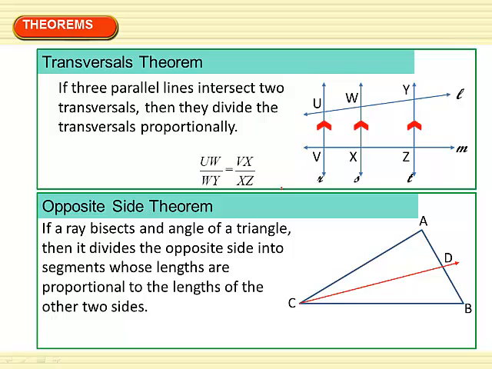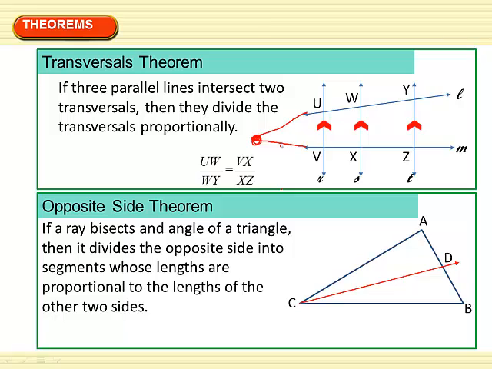If I extended these two lines until they intersect, then you're going to have a triangle: one triangle, a middle triangle, and then a third larger triangle. So all the other theorems that we had are going to be evident as well.